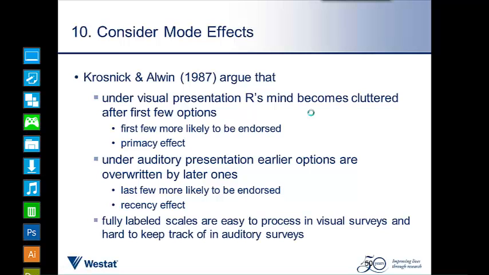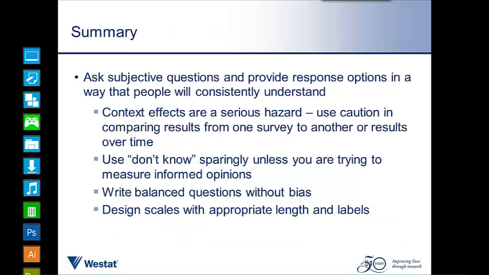So just to summarize for today, big picture, when we're asking subjective questions, we want to ask them in a way that people will consistently understand what we're asking and consistently understand the interpretation of the response choices on the scale. We want to really be aware of context effects.